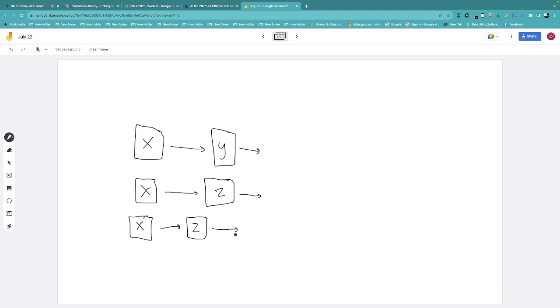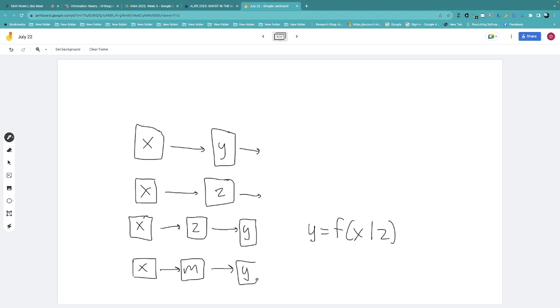And if you think about this in Bayesian terms, it's basically Y equals X given Z or something like that, where you have this conditional variable in here that is X but given Z also, and then Y. And then if I just take Z out, and I say maybe X given M is Y, so I want to maybe change that conditional a little bit.